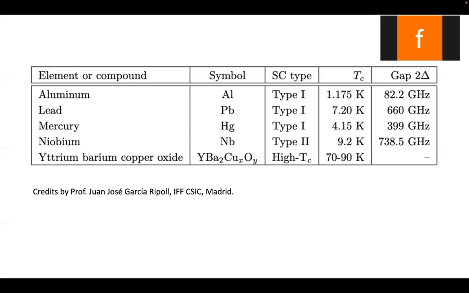By the way, let me mention that aluminum, lead, mercury, niobium, all those superconductors are called BCS superconductors, because you can explain their microscopic behavior in terms of the BCS theory. Until this very moment, there is no theory for explaining the microscopic behavior of high temperature superconductors.